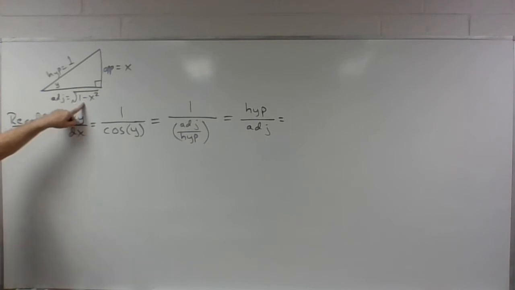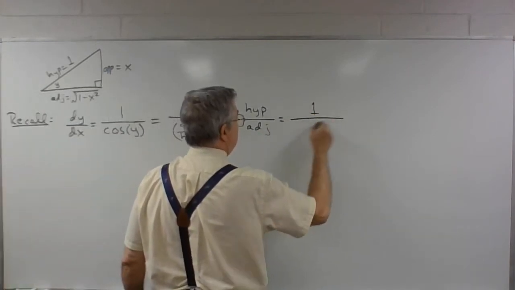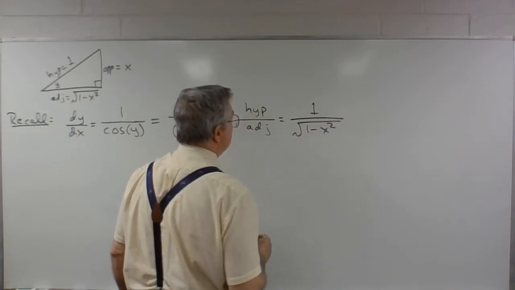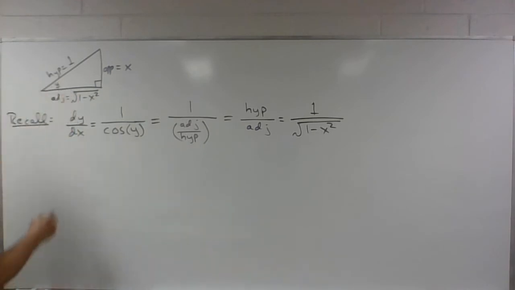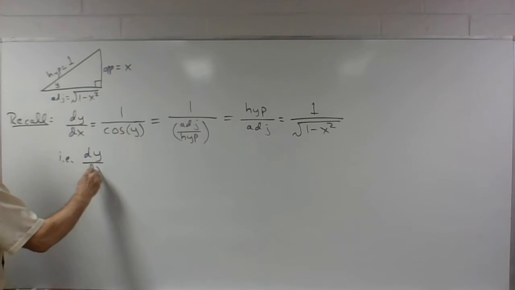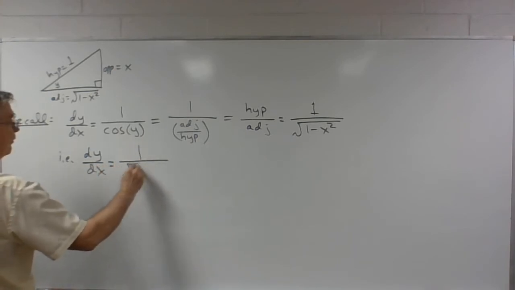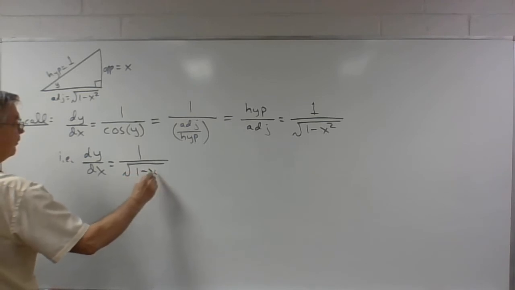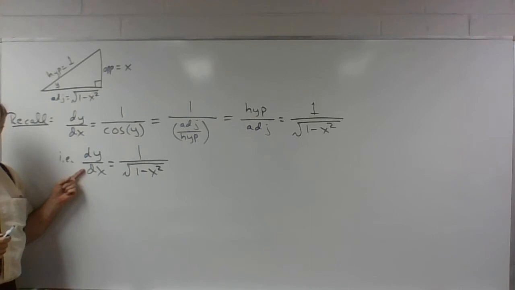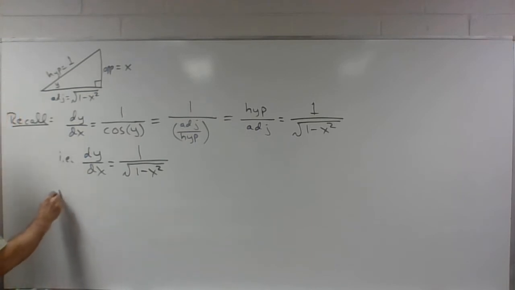Adjacent is square root of 1 minus x squared. And dy dx, that was derivative of arc sine of x.